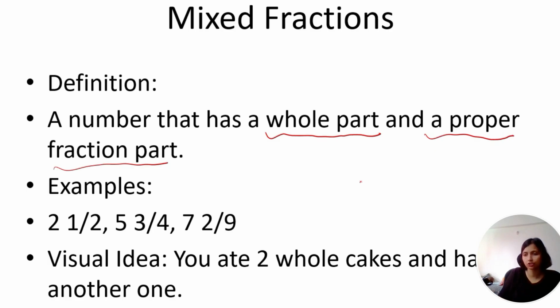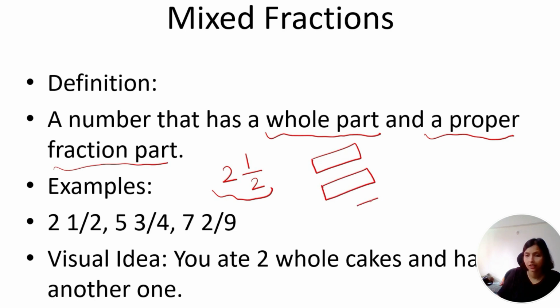It improves the visualization of the fraction. So suppose I say that I had 2.5 of a chocolate. I can visualize easily that I had 2 full chocolates and half of the third chocolate. Or in terms of the improper fraction, I can say I had 5/2 of the chocolates.